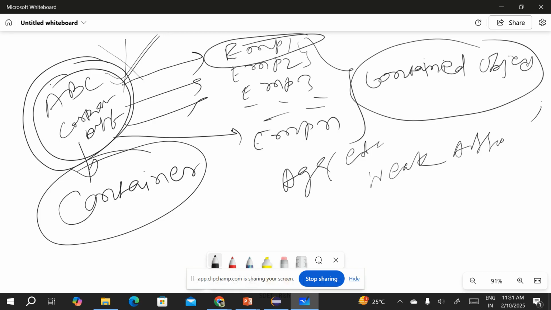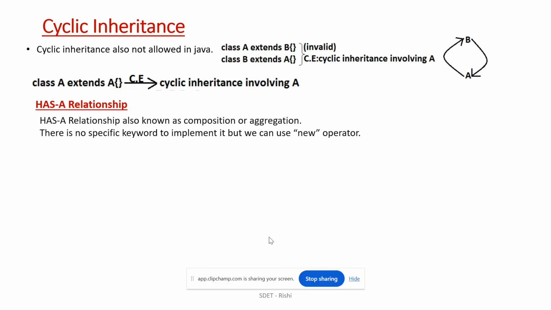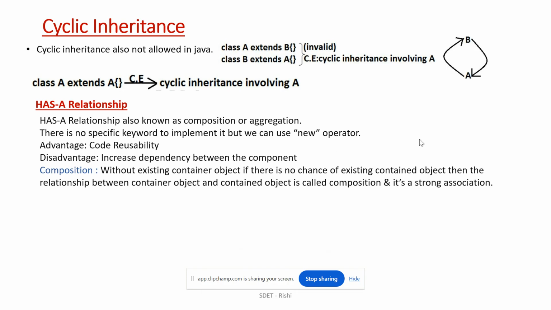But composition is a strong association. As we have discussed, there is no specific keyword, and with the help of the new keyword we can do this. So what is composition?